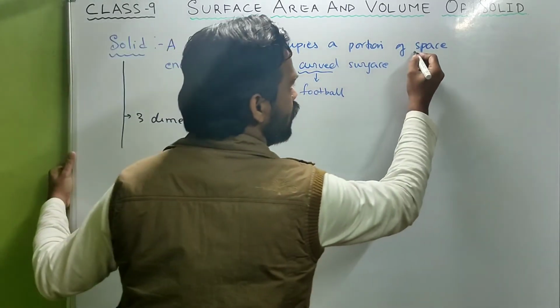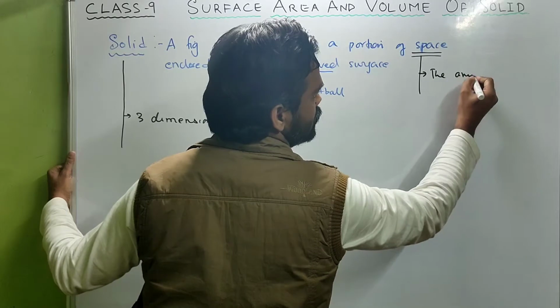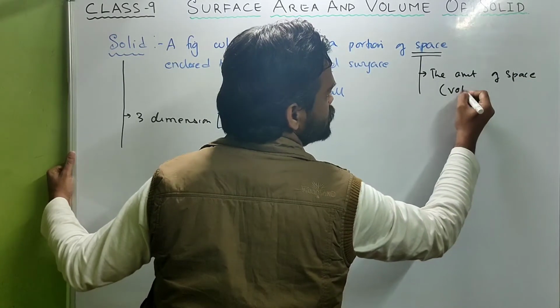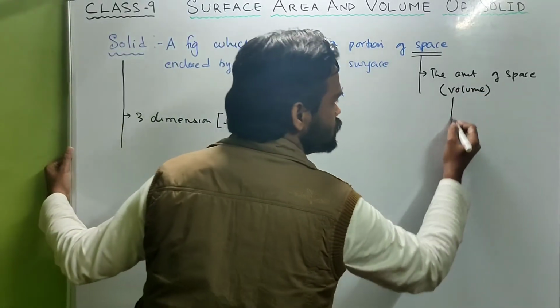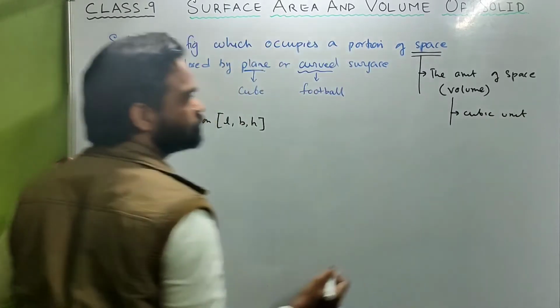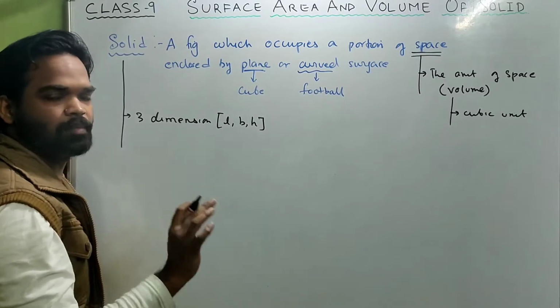And what do you mean by volume? The amount of space occupied by a solid is known as volume, whose unit is cubic unit, isn't it? So volume is the amount of space occupied by the solid.